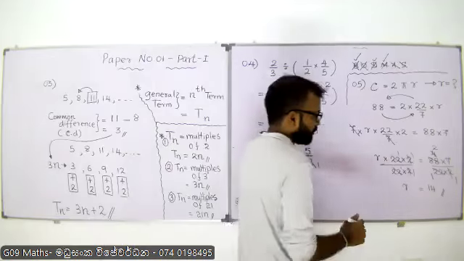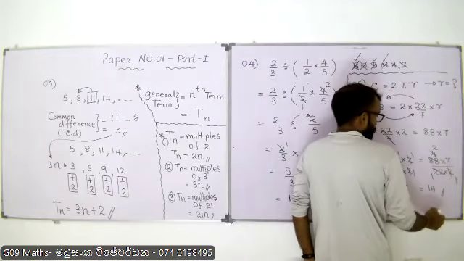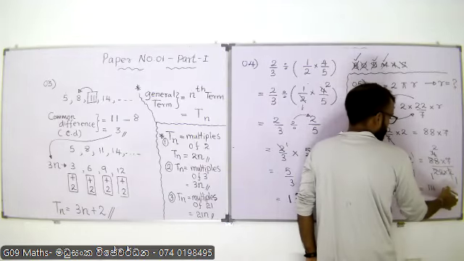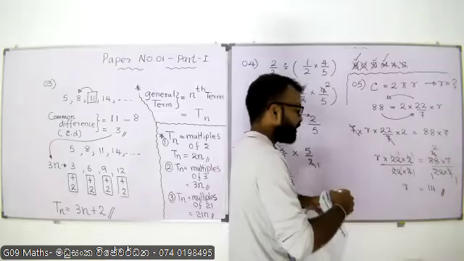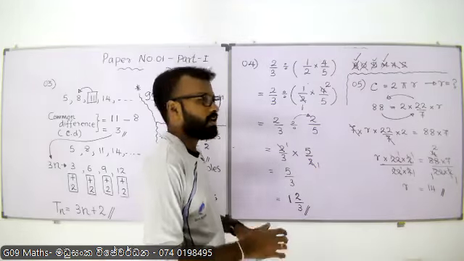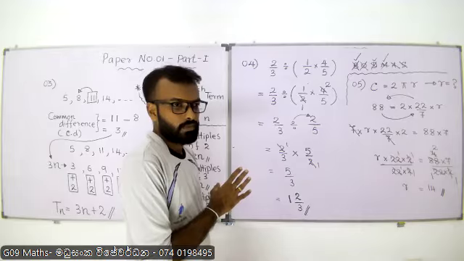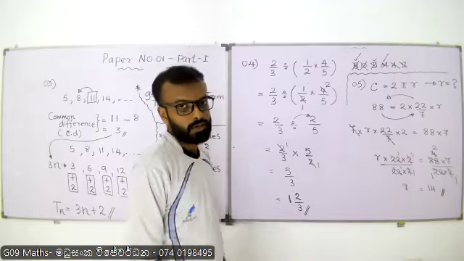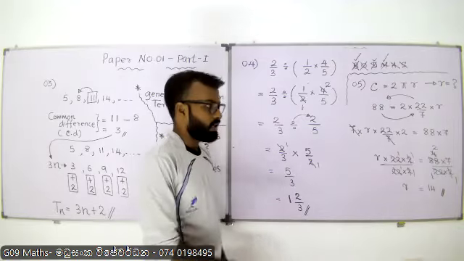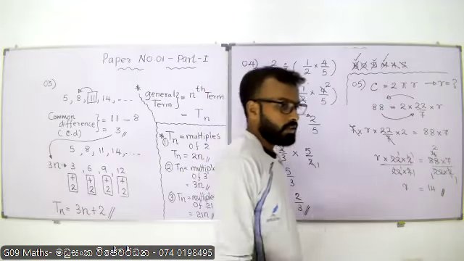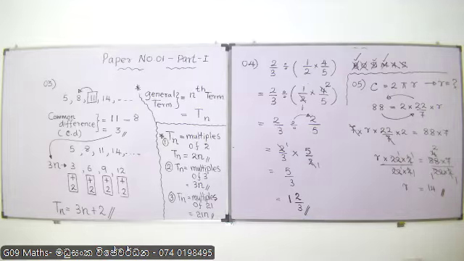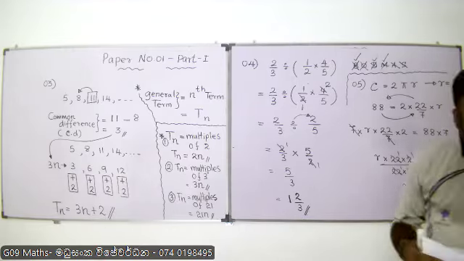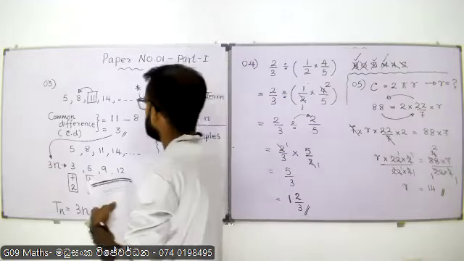So R is equal to 40. There are some easy ways to get this answer, R equals 40, but for now that is not needed. There are several ways that you can use in order to get the final answer of this. So we have to move to the sixth one.